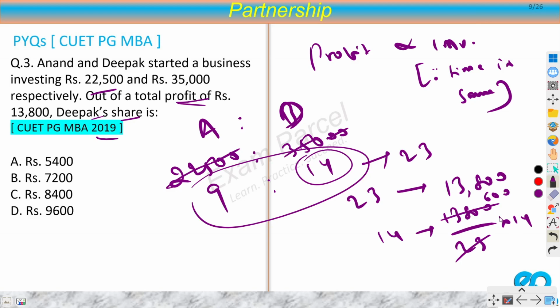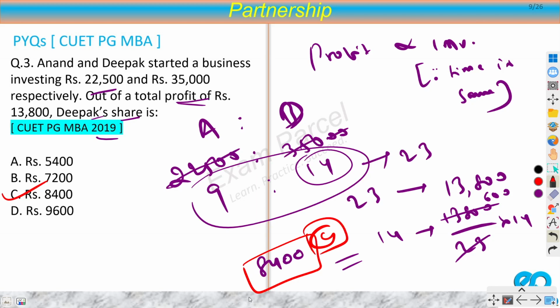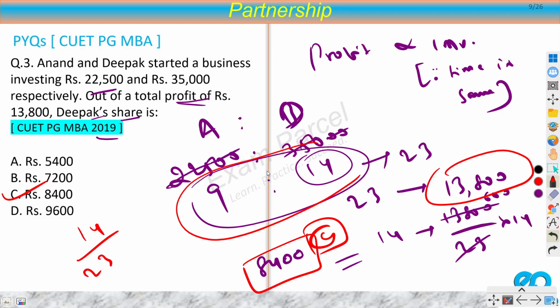So 600, 14 into 600, that would be 8,400, right? 8,400, option C. So here they give the total profit and we have to find Deepak's share. So obviously you would directly write 14 by adding both, 23, into 13,800. You will solve and you will get 8,400.